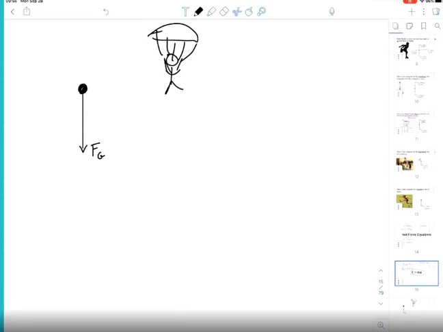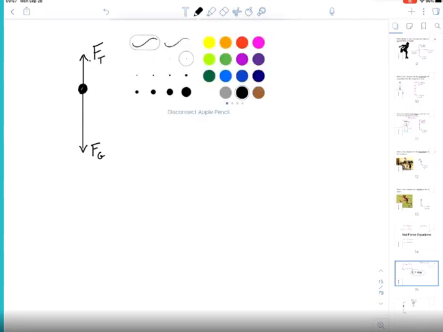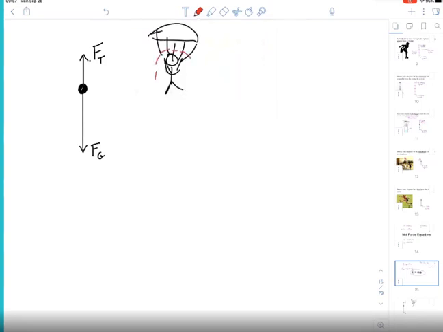And let's say he just put out a parachute and it's too small, so he's still going to accelerate towards the ground. Then I could have a small force up, and we could call this a tension force, because it's the ropes that are really pulling on the actual guy. So we'll define our system as the actual guy that's falling.